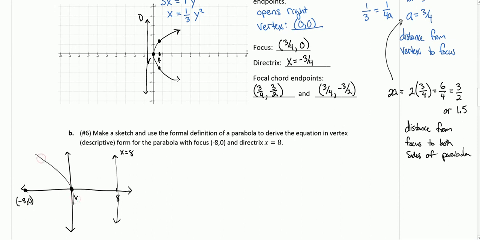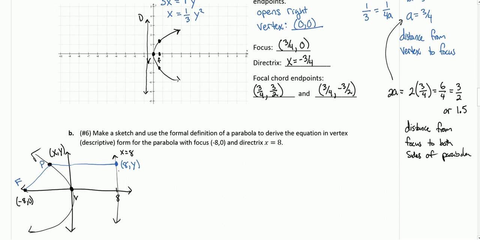And it's opening towards the focus. Pick a generic x, y value here. By definition of a parabola, the distance from the focus to a point is going to be the same distance from that point to the directrix, which has an x value of 8 and a y value of whatever the y value of that point is.